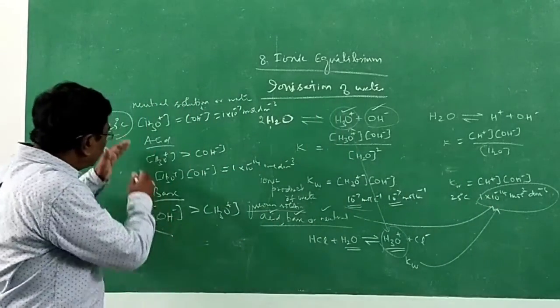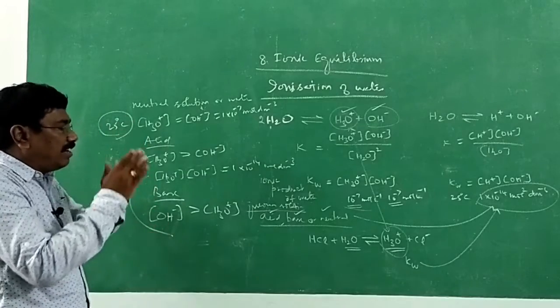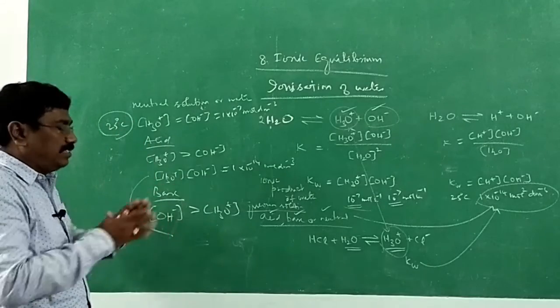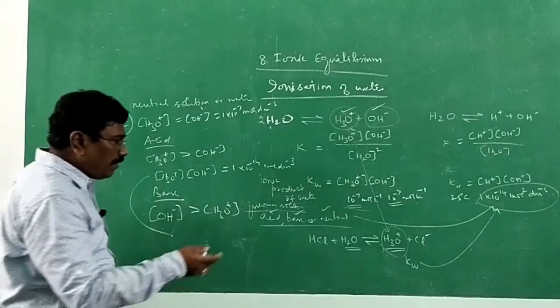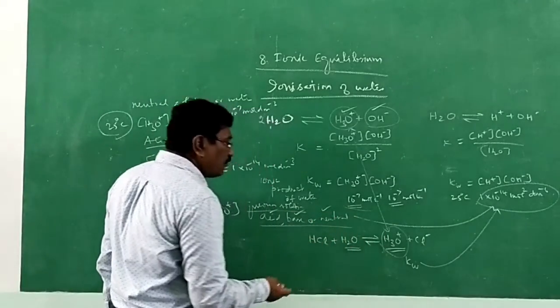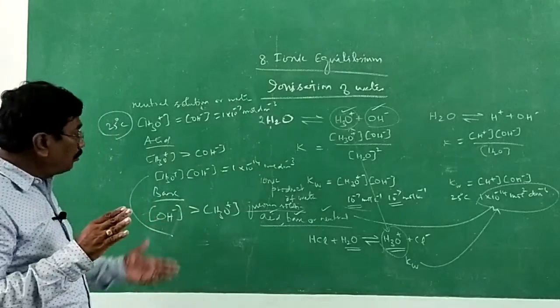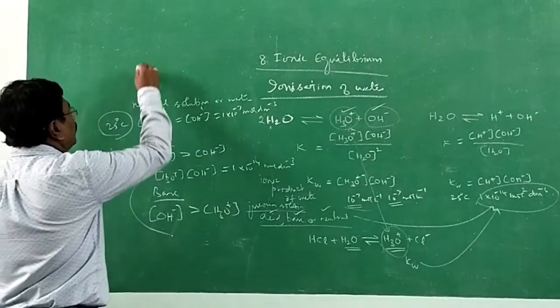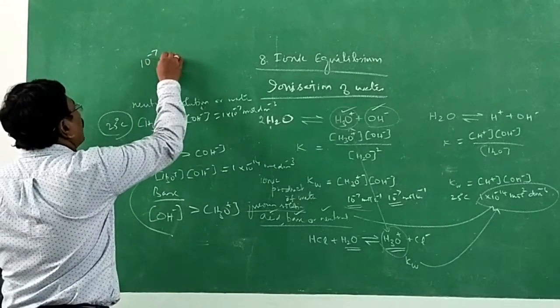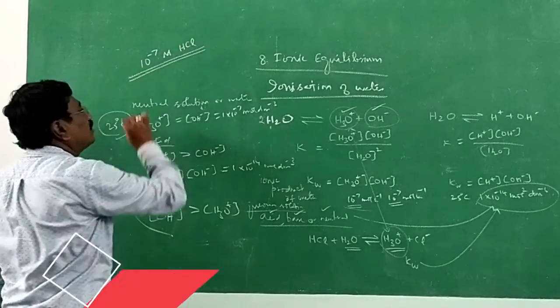In the case of acid and base also, the product of hydronium ions and hydroxide ions, that is the ionic product, will be a constant. Here, the hydrogen ion from HCl as well as the hydrogen ion from water is taken into consideration. Sometimes you may wonder, 10 power minus 7 molar HCl: is it a neutral solution or acidic?